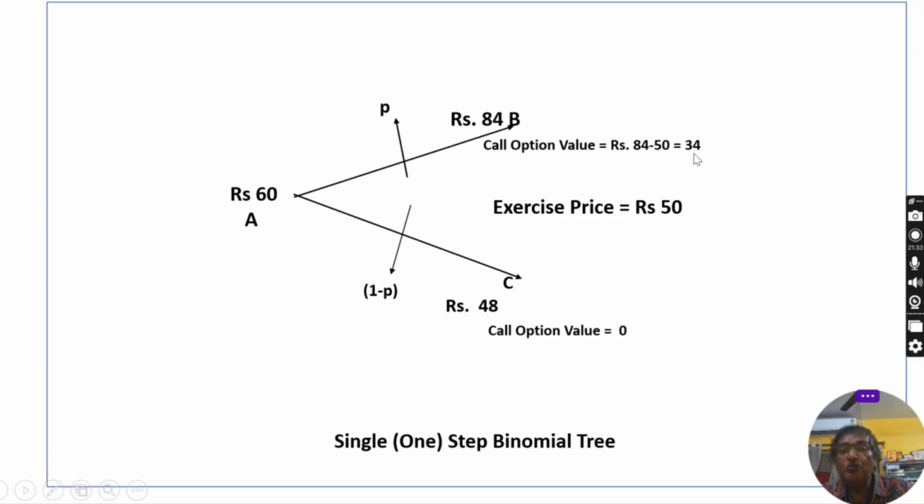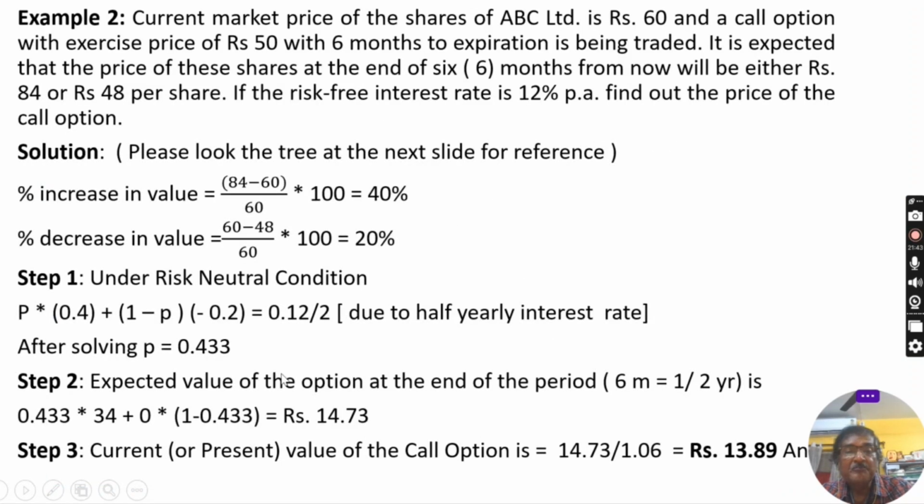That means 34 into P plus 0 into 1 minus P. That will be the expected value of the call option after the period, meaning 6 months. I have written it here: expected value, 0.4 probability into 34 plus 0 into 1 minus this, and that will be 14.73. And this is the value of the call option after the period, meaning 6 months.